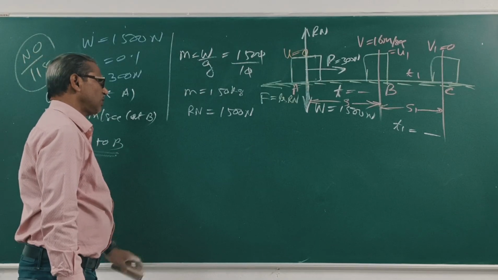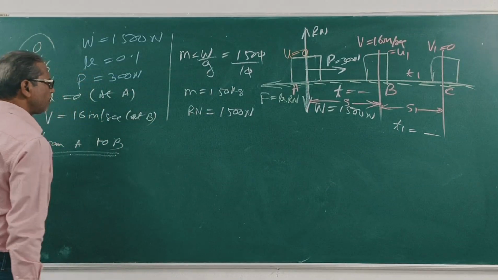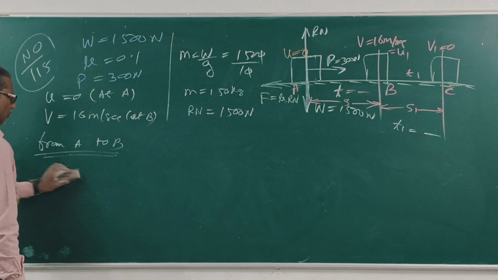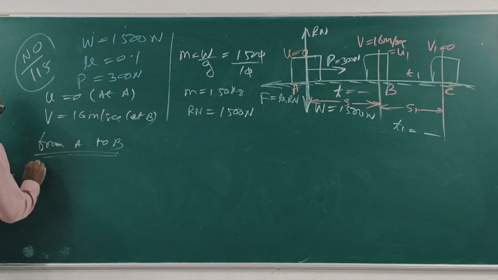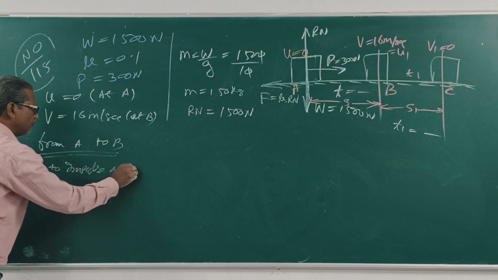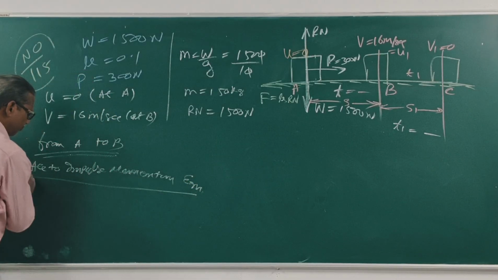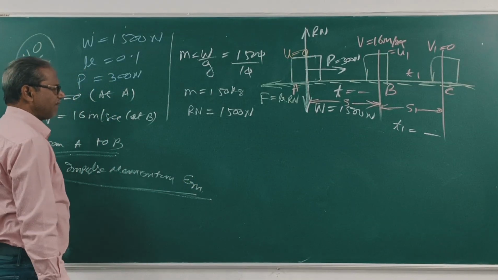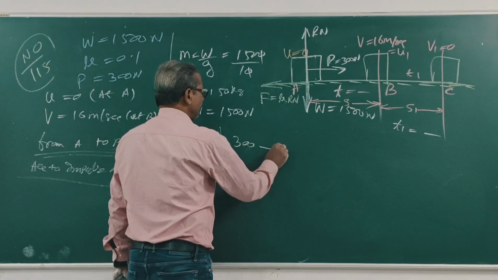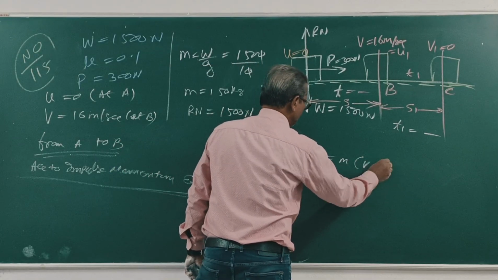Now, according to the impulse momentum equation, clear? 300 minus mu Rn into t is equal to m into v minus u.